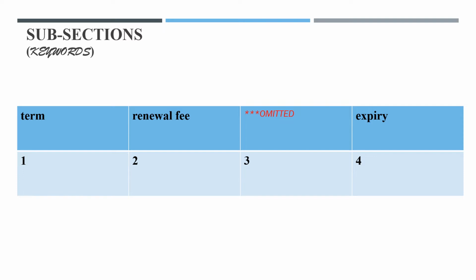Section 53 has 4 subsections, and we can pick the keywords from those subsections. As per my view, the keyword for subsection 1 is term, the keyword for subsection 2 is renewal fee, and actually subsection 3 is omitted, so we will not discuss it, and the keyword for subsection 4 is expiry.